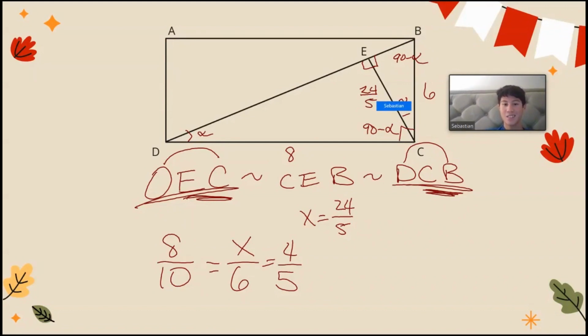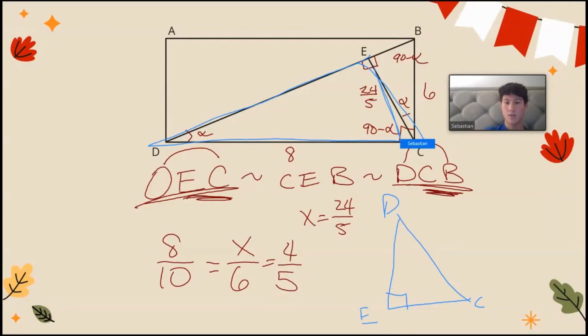And then now we can look at this triangle right here. Since this is our right triangle, ECD, we just solved for length EC, which is 24 over 5. We know that the hypotenuse DC has a length of 8, and we're asked to solve for DE.